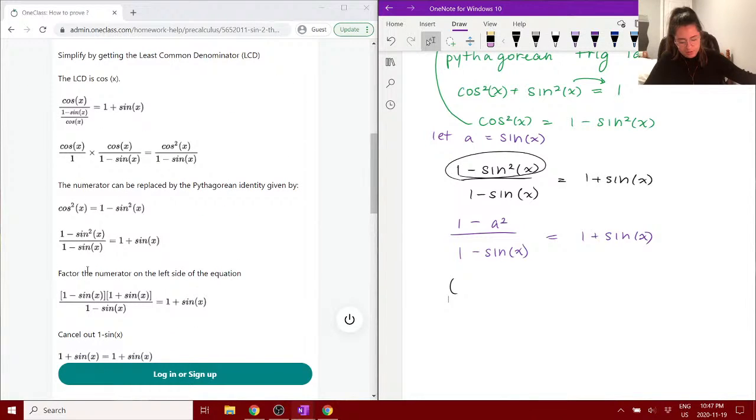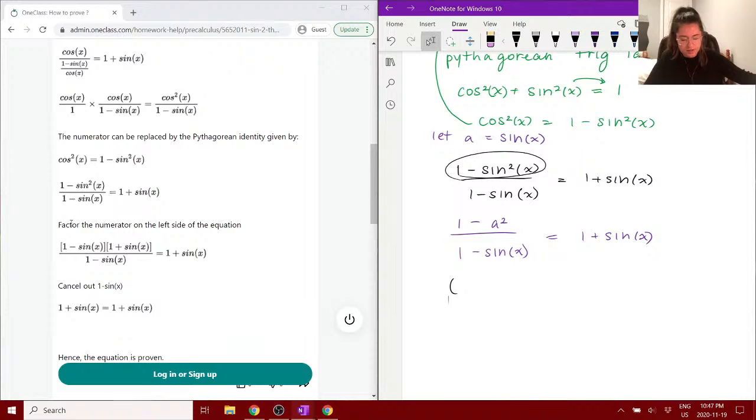Equivalent, so what they have done here is factoring the numerator. So they're saying that this is equivalent to 1 minus a times 1 plus a in the numerator. I guess I shouldn't have written any of these because I didn't convert those to a. But yeah, so this is the numerator.